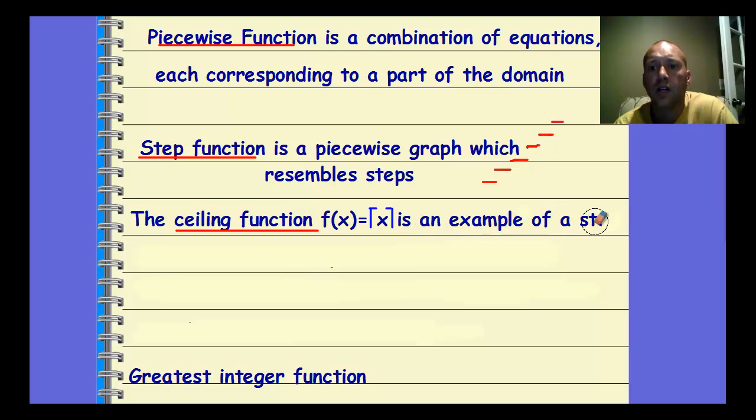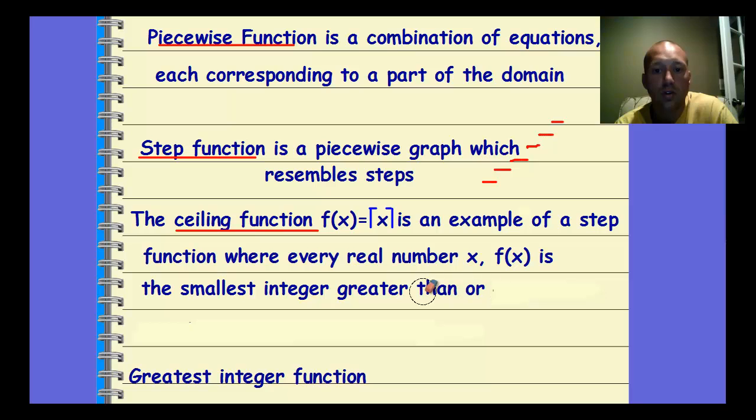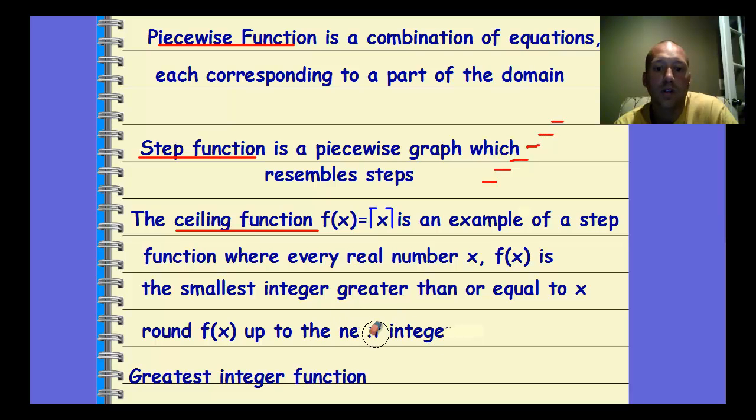A specific kind of step function is called a ceiling function. A ceiling function is an example of a step function where for every real number x, f of x is the smallest integer greater than or equal to x. Round f of x up to the next integer is another way of stating that.